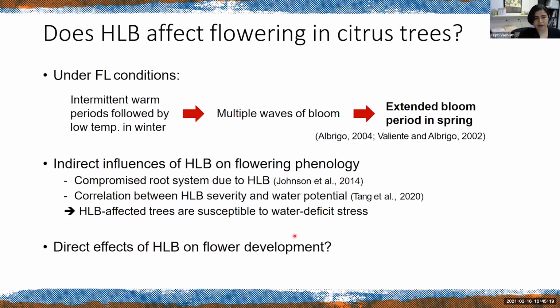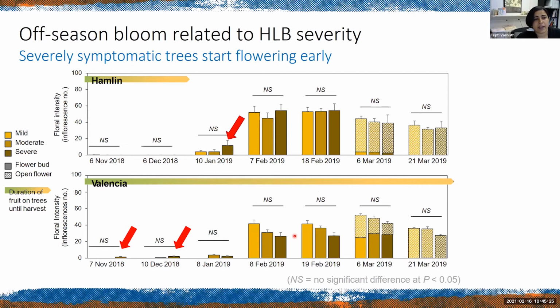So does HLB affect flowering? We studied this. In this graph, we are looking at Hamlin and Valencia again. We have 3 disease levels. The dark color is for the severe trees in both graphs. What we found is that it's not significant here at the 0.05 level, but this is just per branch.